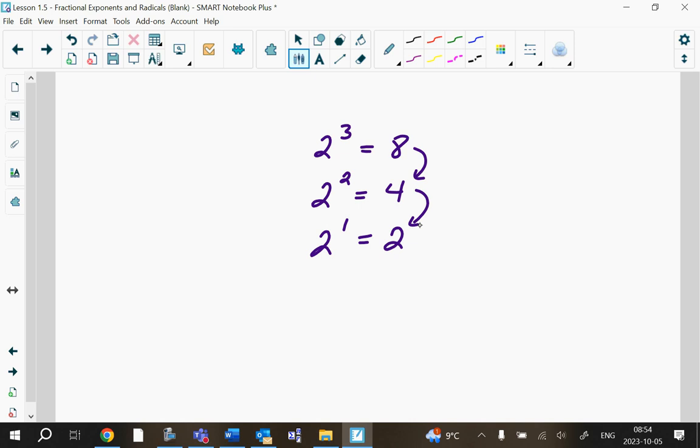That means if I drop another exponent to get to 0, I have to take this previous answer and divide by 2. 1. And that works with any example. Any power to the 0 exponent is always 1.